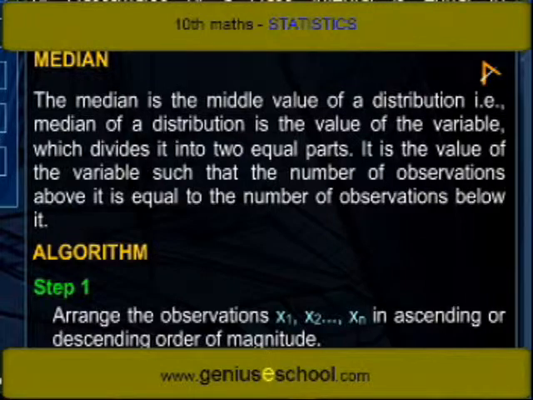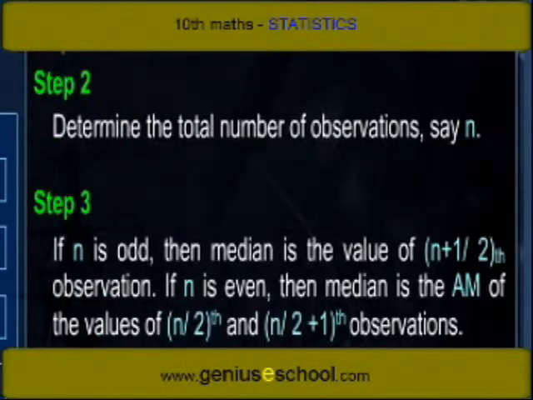Algorithm. Step 1. Arrange the observations x1, x2, so on to xn in ascending or descending order of magnitude. Step 2. Determine the total number of observations, say n. Step 3. If n is odd, then the median is the value of the (n plus 1) upon 2th observation.